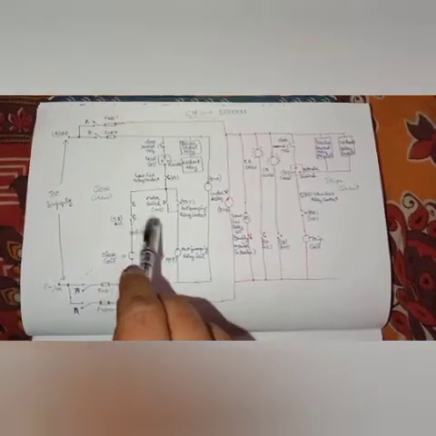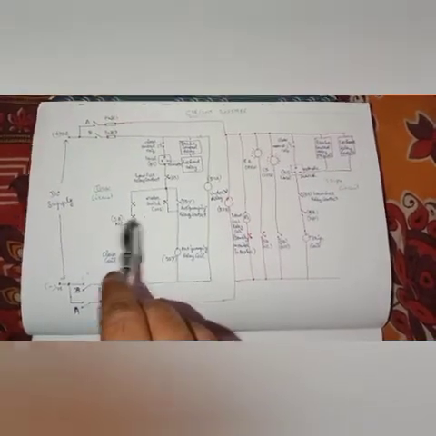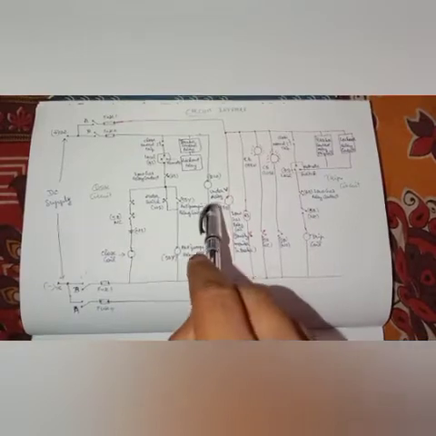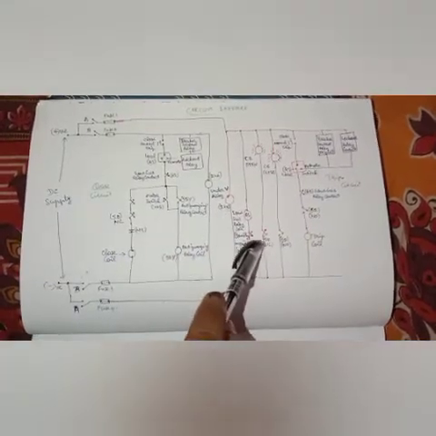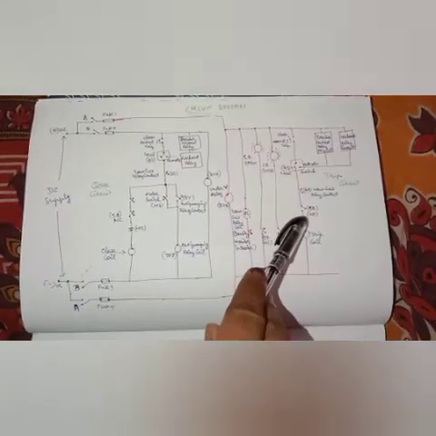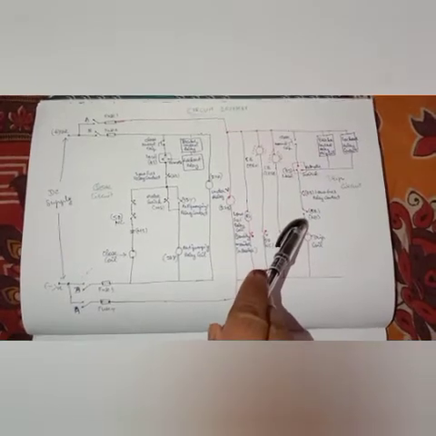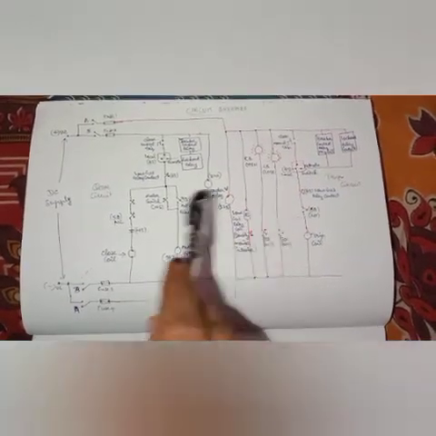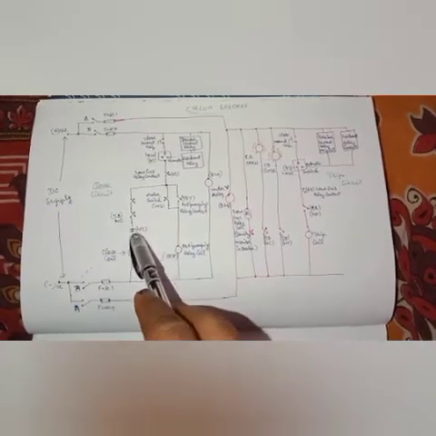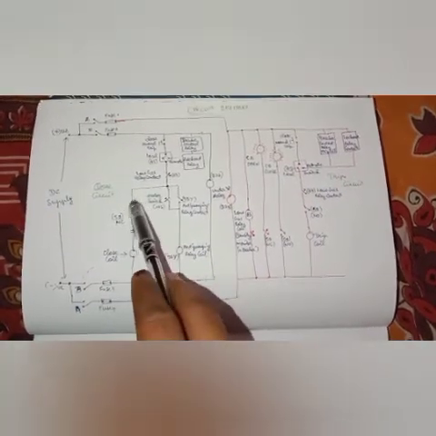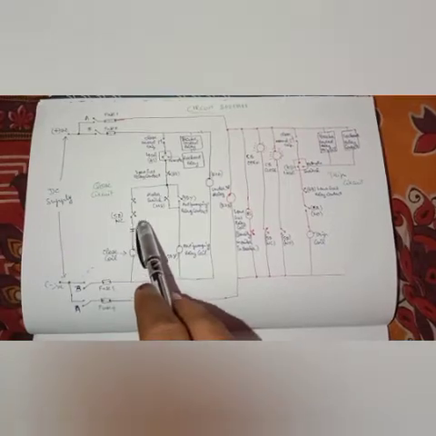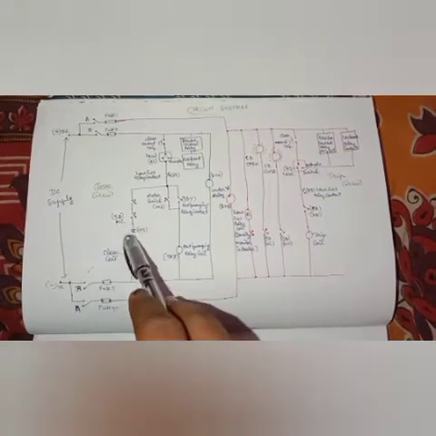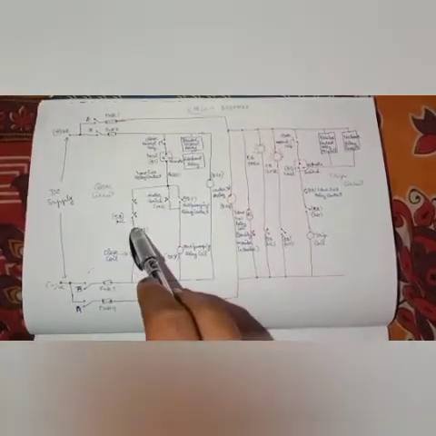When the breaker is closed, this NC contact will be open. Vice versa for the NO contacts. If the breaker is in open condition, the NO contacts are open. If the breaker is in closed condition, the NO contacts are closed. So coming to the circuit, this NC contact is connected in series.